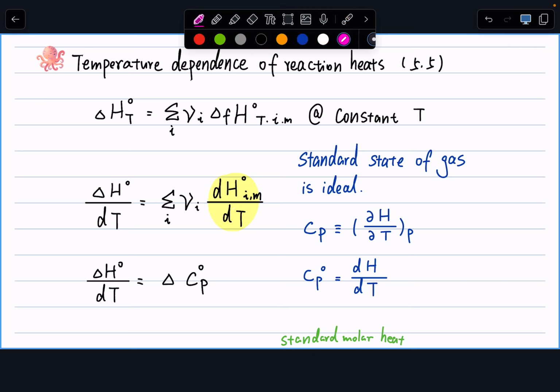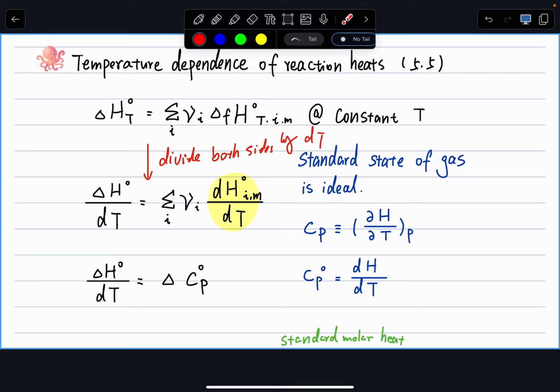Now if we divide both sides by dT, what we end up having on the left is the delta H naught of the reaction over dT. On the right-hand side, the stoichiometric coefficient is a constant, it's not going to change.